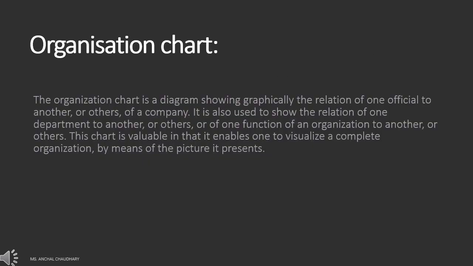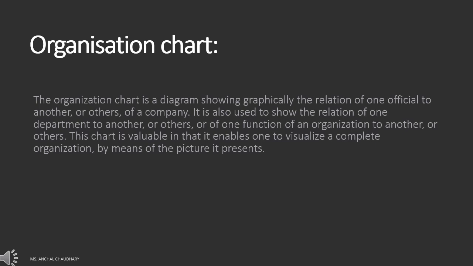Last topic of the day is your organization chart. The organization chart is a diagram showing graphically the relation of one official to another or others of a company. It is also used to show the relation of one department to another or others, or of one function of an organization to another or others.